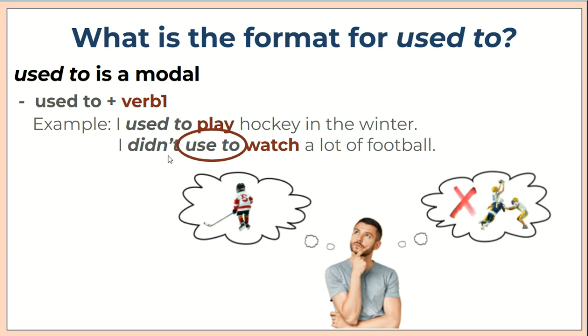Just like any other past tense construction, if I have didn't here, the verb that follows has to be verb one or your base verb. So we would say didn't eat, didn't go, didn't use to. We wouldn't say didn't ate, didn't went, didn't used to.